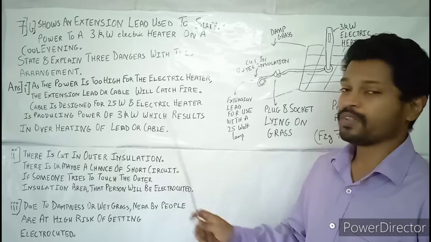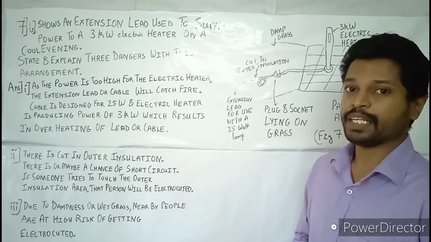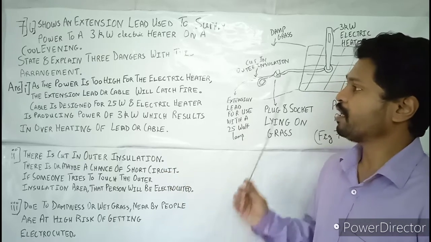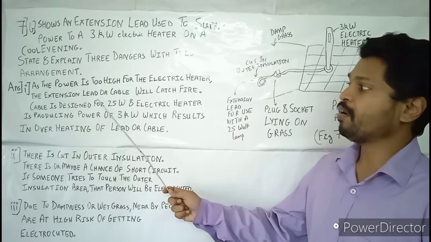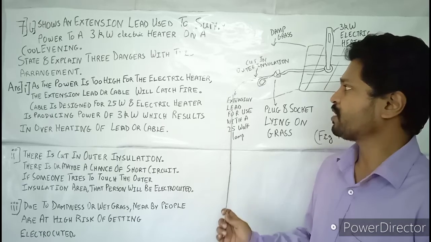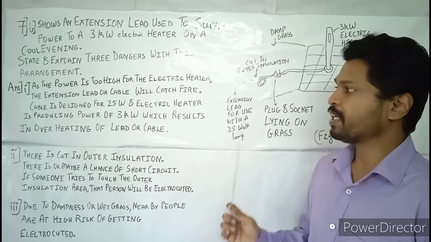So what are the 3 dangers? First danger is the power is too high for the electric heater. The power consumed is too high. The extension cable or the lead, this cable or the wire, will catch fire.